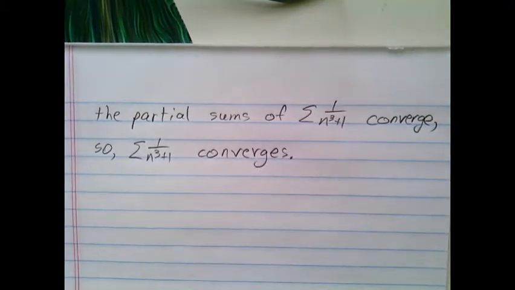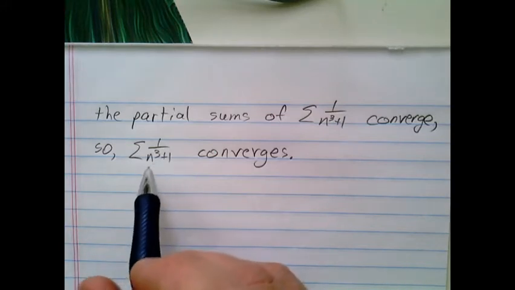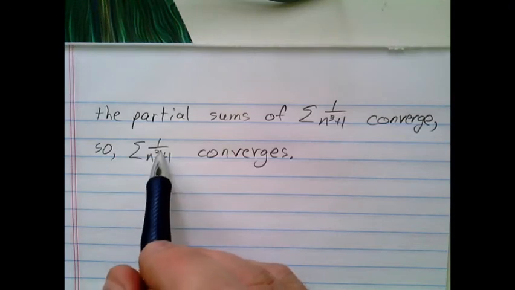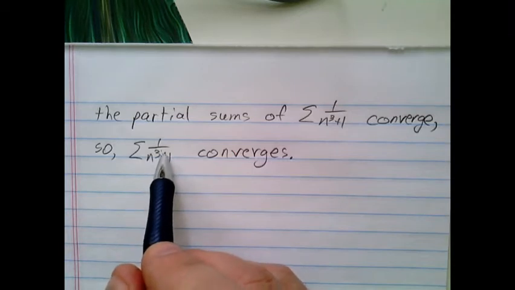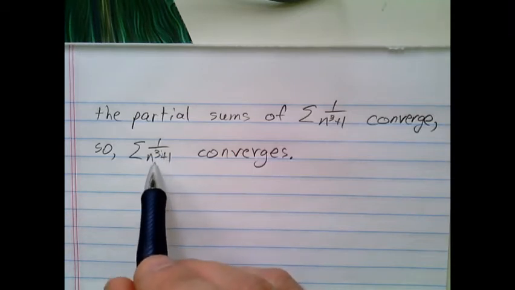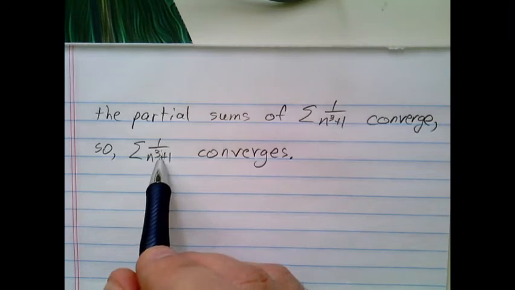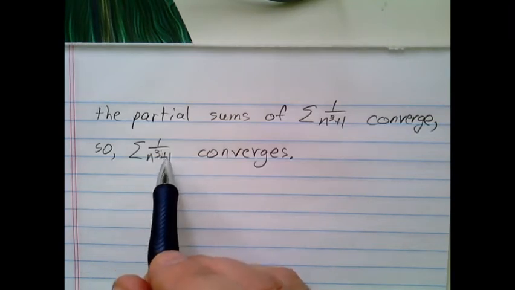Now, here were the crucial parts of that argument. We were able to establish pretty easily that the terms of this series were less than the terms of a series that we knew converged, but also the terms were positive. The first thing told me that the partial sums would be bounded.